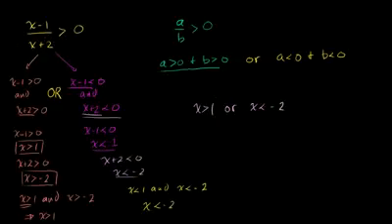And if we wanted to draw it on a number line, let me draw a number line just like that. That could be 0, and then we have 1. So x could be greater than 1, not greater than or equal to. So we put a little circle there to show that we're not including 1. Everything greater than 1 will satisfy this equation, or anything less than minus 2.